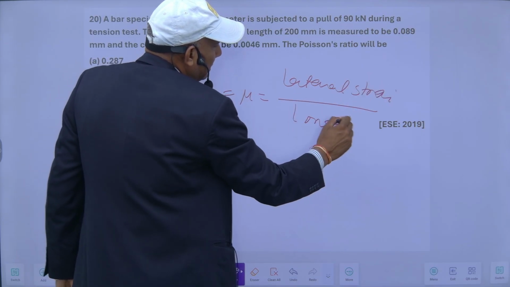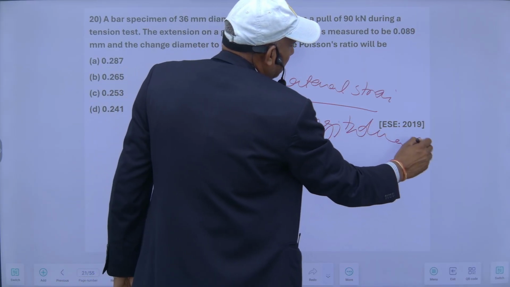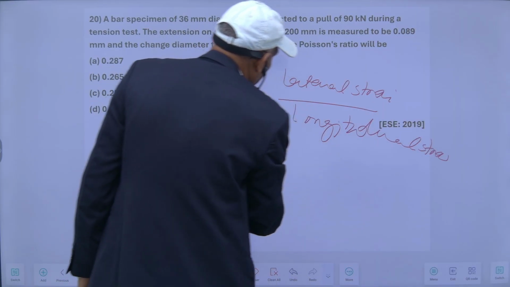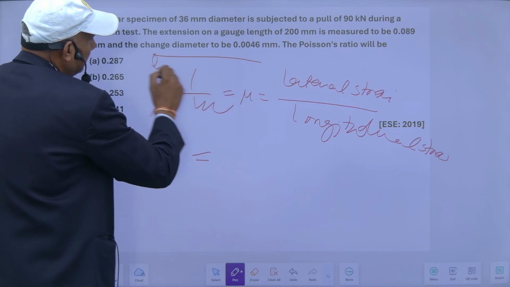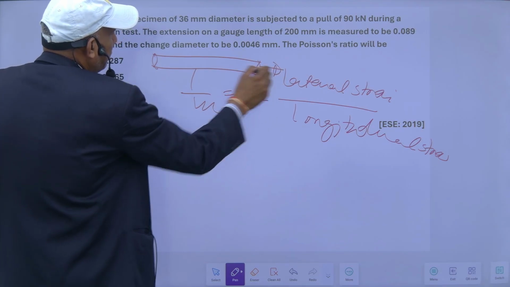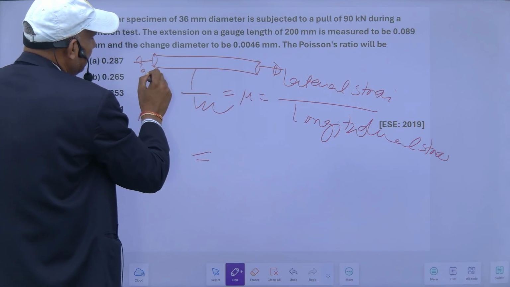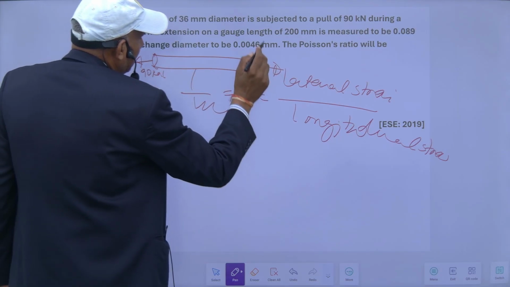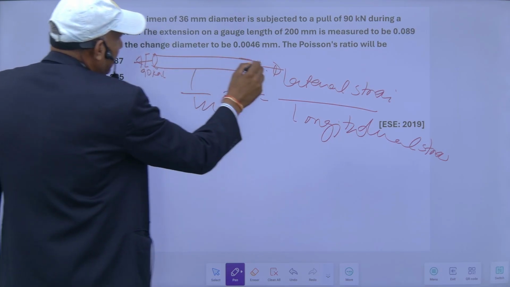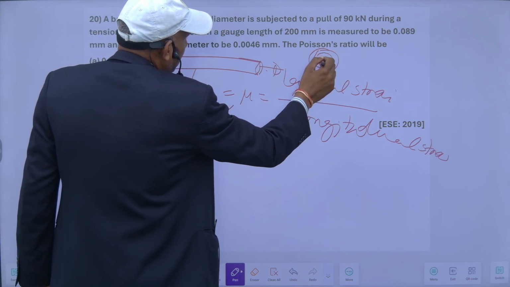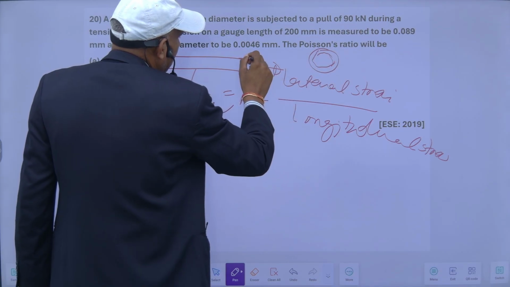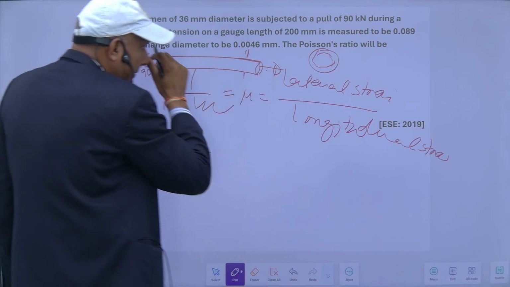As I explained, lateral upon longitudinal. And what will be the lateral strain? So this is my circular bar, and it is a pull of 90 kilonewton.